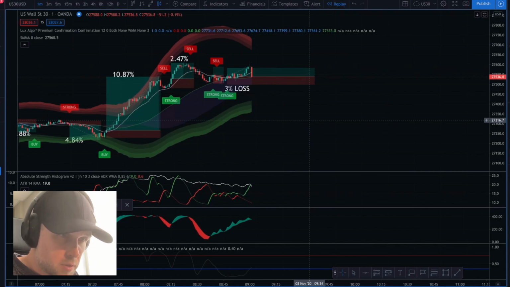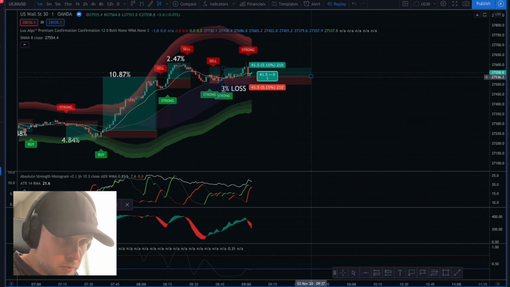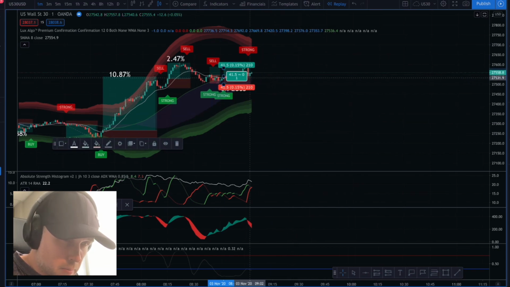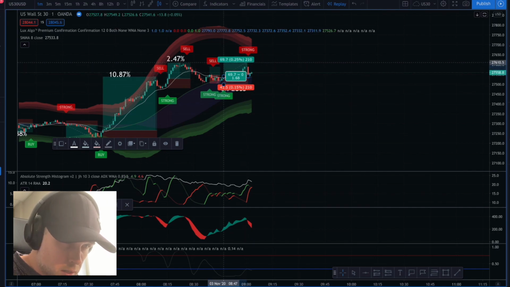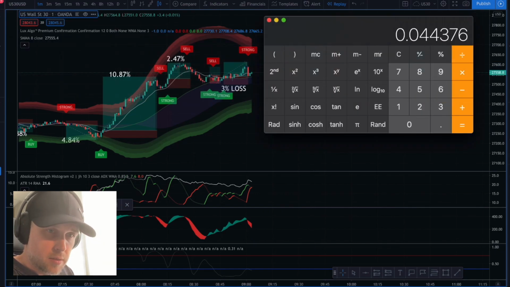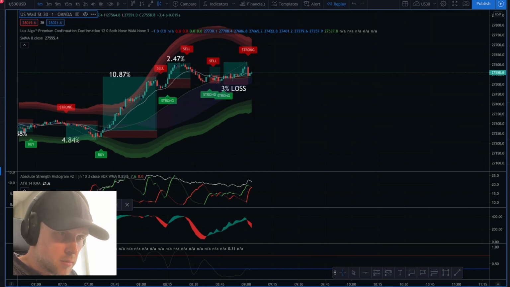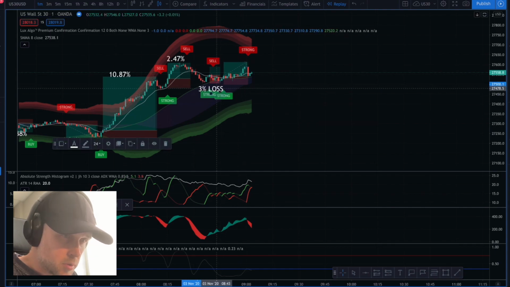There's one profit. And it looks like we would have gone up to that high there, and then the next candle our trailing stop would have been taken. So we have 1.72 times 1.5%. Whoa, that didn't work out. There's a 2.58% win.